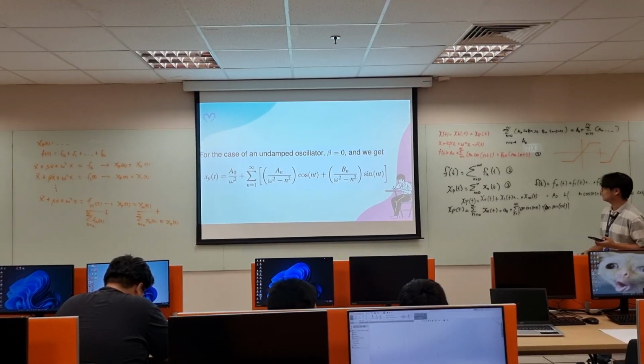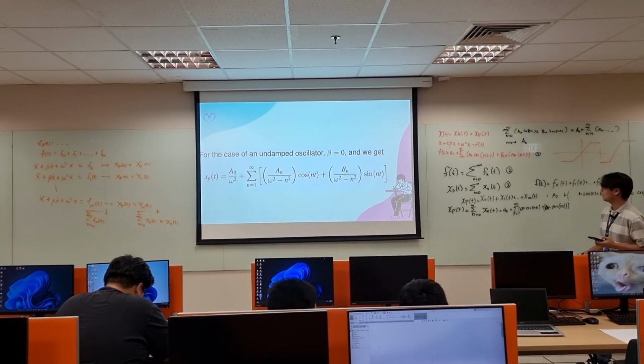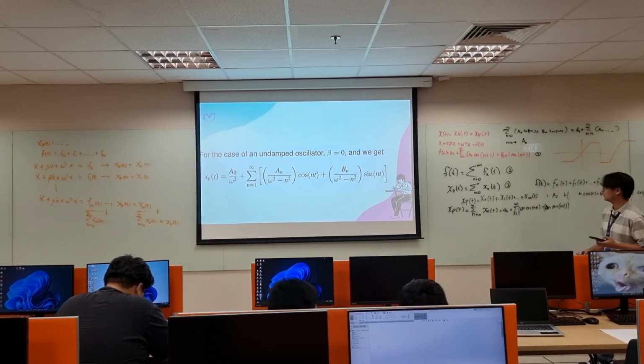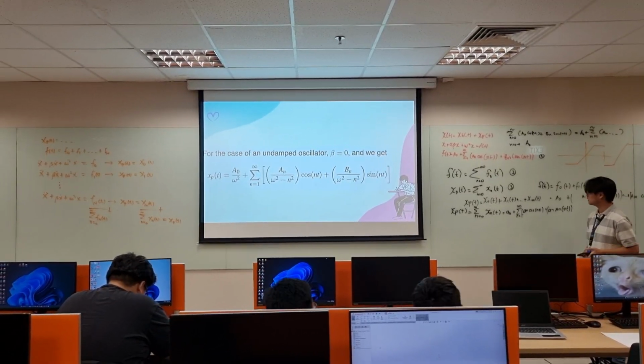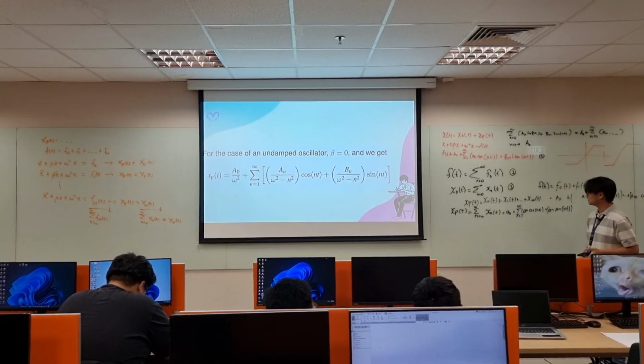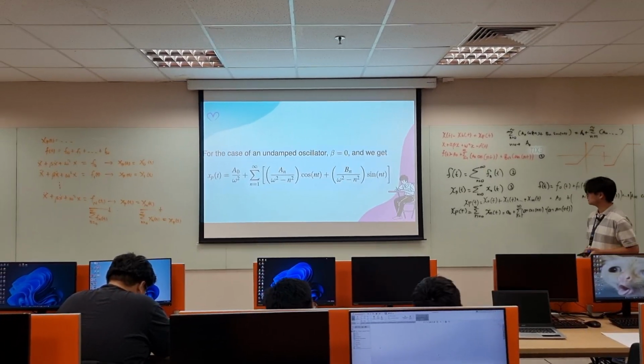Then since we have the governing equation x double dot plus 2 beta x dot plus omega squared x equals f(t), we can substitute it into the governing equation, which becomes the sum from n equals 0 to infinity of x_n double dot t plus 2 beta x_n dot t plus omega squared x_n t.